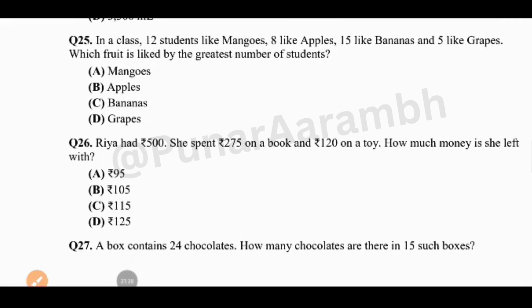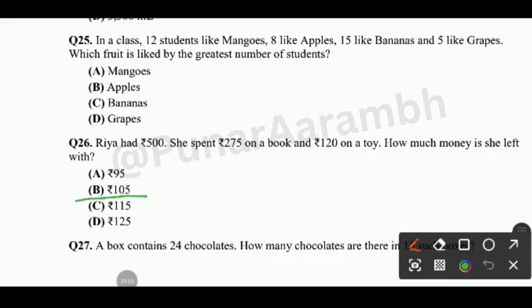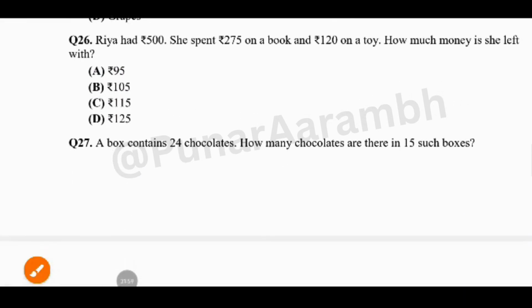When we find the addition of these numbers, we will get 395. Total money with her is rupees 500. We will subtract 395 from 500 and we will get 105. So the right answer here will be B, 105 rupees.